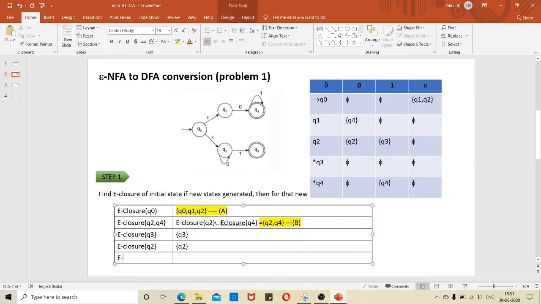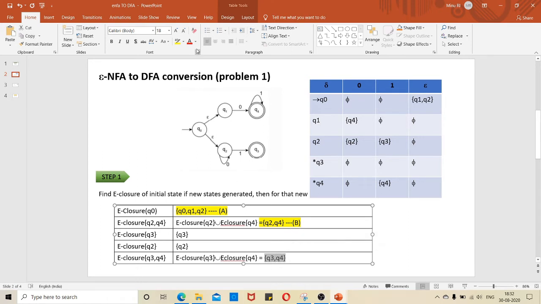So epsilon closure of Q3, comma Q4 will be epsilon closure of Q3 union epsilon closure of Q4. Epsilon closure of Q3 is simply Q3, and epsilon closure of Q4 is simply Q4. So it is going to be Q3, Q4, and this is going to be your new state.